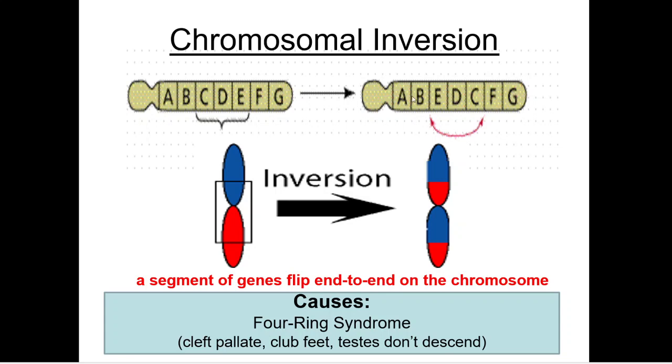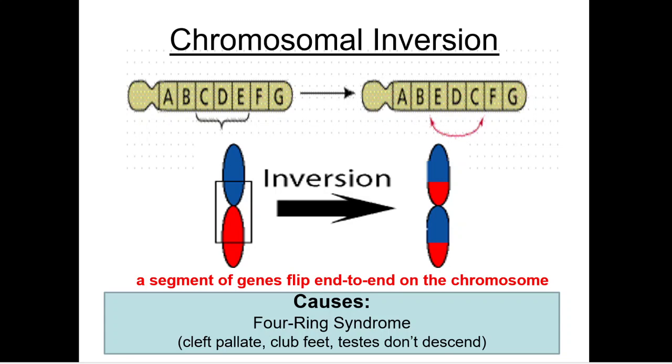So instead of going A, B, C, C and E get flipped, right? So now we have A, B, E, D, C, F, G. So the inversion is that it gets flipped upside down. So D will stay in the middle, E will flip over, and then we'll have D and then C. So it's just an inversion of some of the genes.